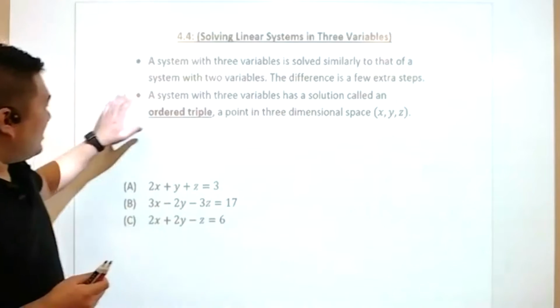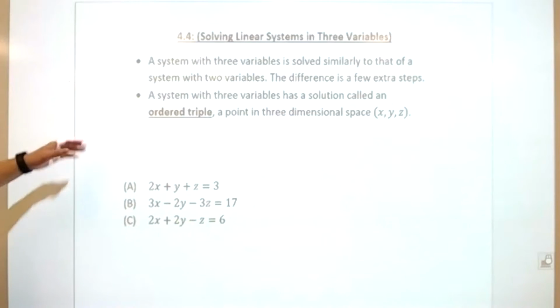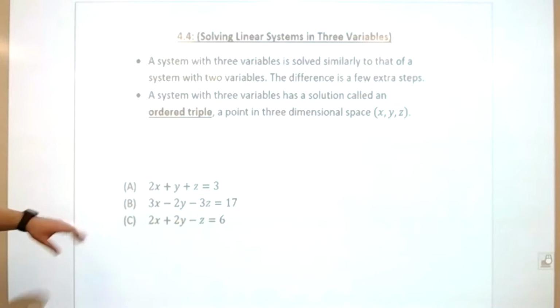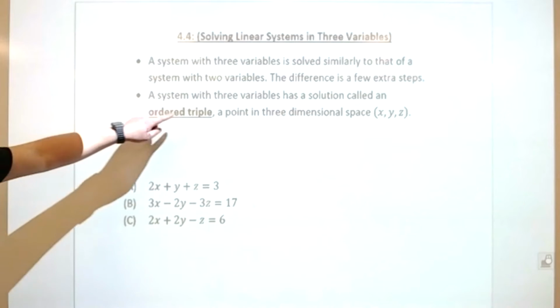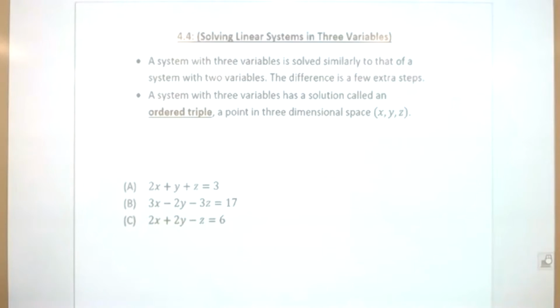In this first example, we've got 3 lines in 3-dimensional space, and they're all intersecting at exactly 1 point. The solution we're looking for is the ordered triple in which x equals this, y equals this, z equals this. That is the exact point at which these 3 lines intersect.